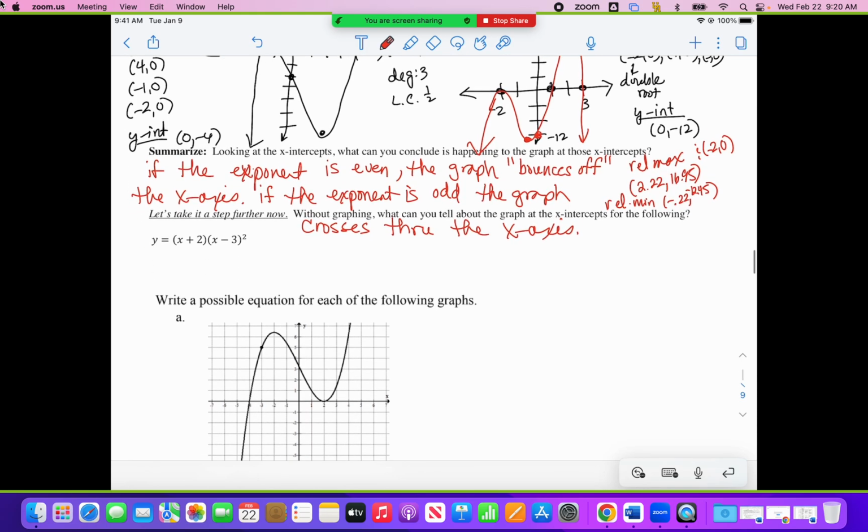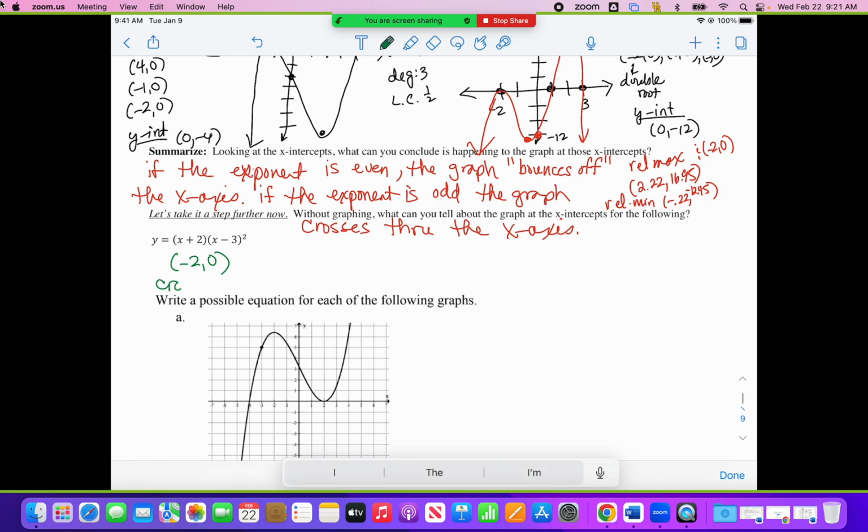So now, let's take it a step further. Without graphing, what can you tell about the x-intercepts in y equals x plus 2 times x minus 3 squared? What should we anticipate happens at each x-intercept? So at negative 2, 0, what happens? It's not going to bounce at negative 2, 0 because I only have one of those, right?